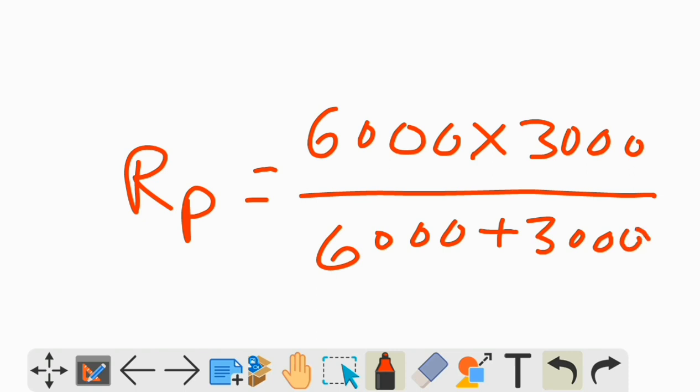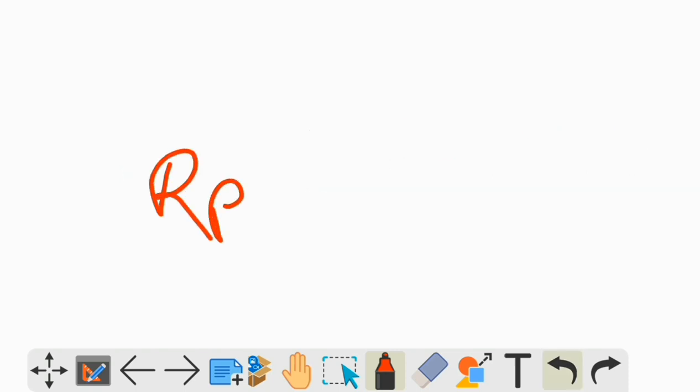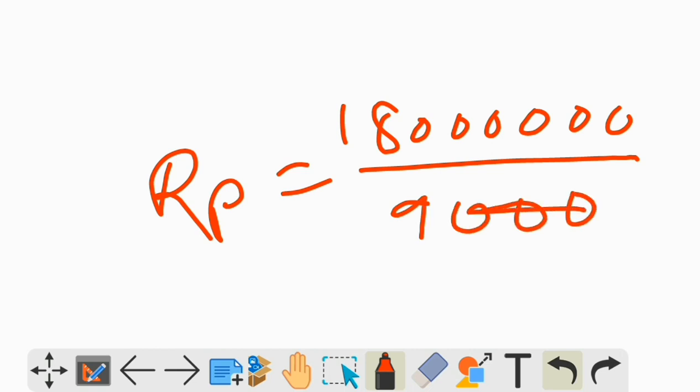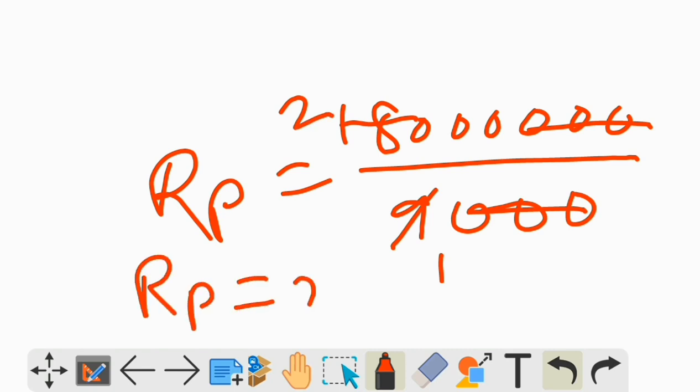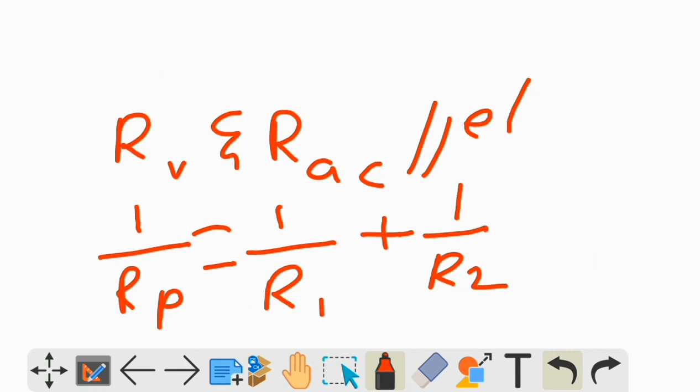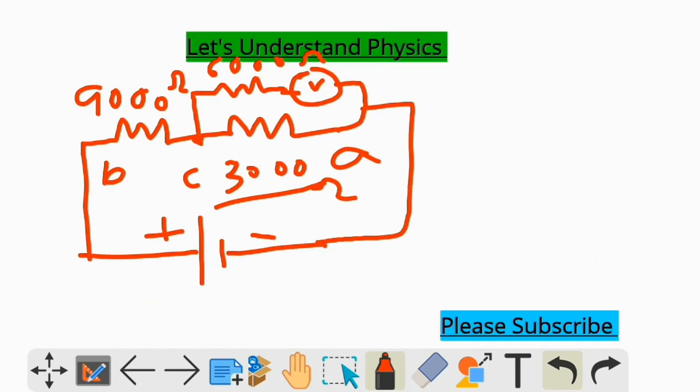Now multiply, isn't it? RP is equal to 18,000 and another 3 zeros, divided by 9,000. So 3 zeros and these 3 zeros will be cancelled. 9 ones are 9, 9 twos are 18, so 2000 ohms is the parallel resistance. Understood? Now this 2000 will be connected in series with this 9000 ohm.